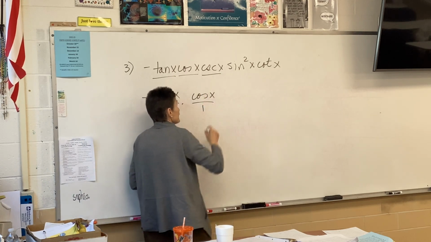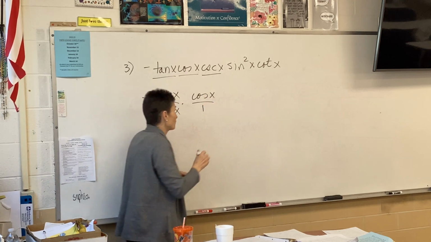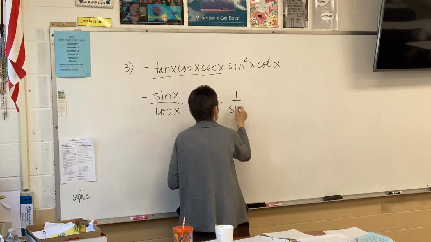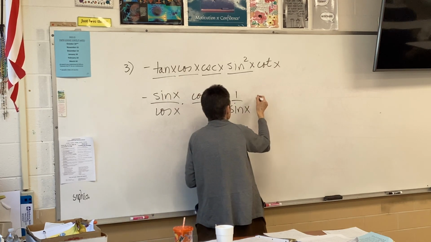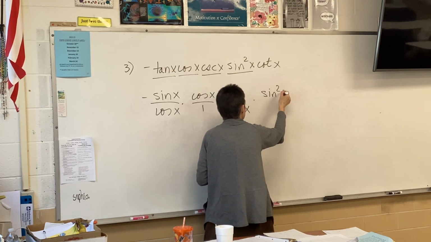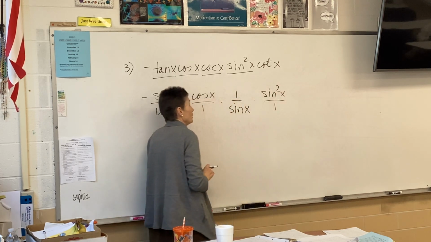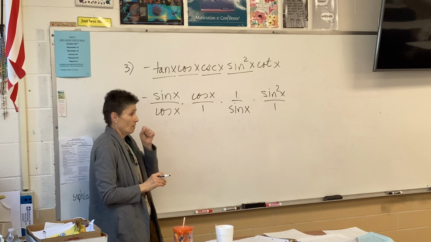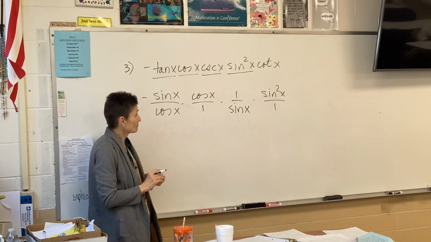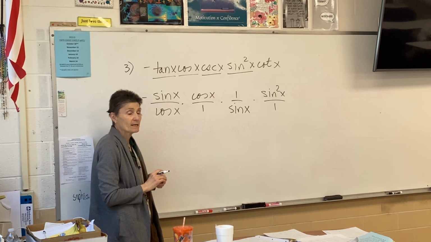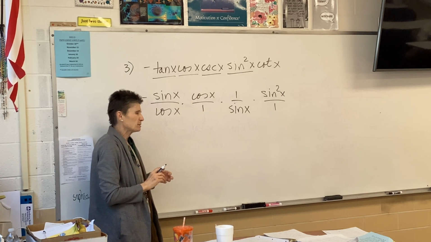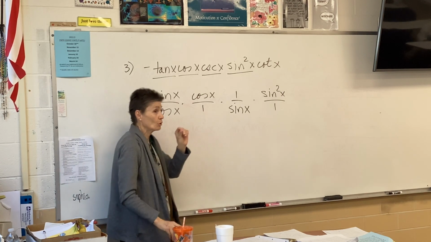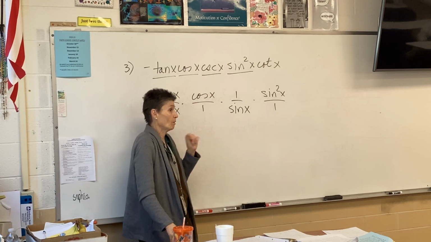All right, what about cosecant? 1 over sine. Now the next one's sine squared. We're not changing him. We're just keeping him sine squared, but I will put him over 1. And what about cotangent? Now, stop and think about what you just said. First of all, you are right. Cotangent's 1 over tangent.